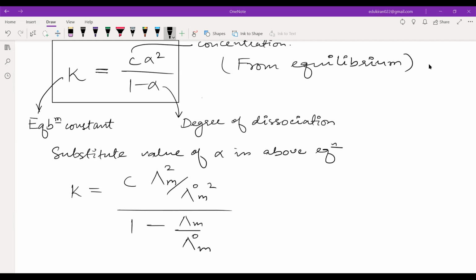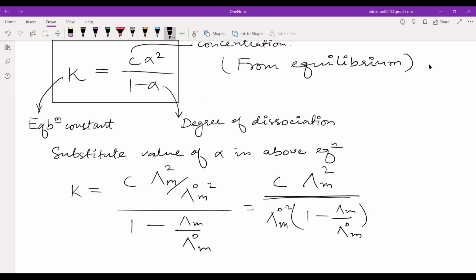Now what we can do here is take this lambda naught m square in the denominator, and in the numerator it will be C into lambda m square. And here we will have lambda naught m square times 1 minus lambda m upon lambda naught m.